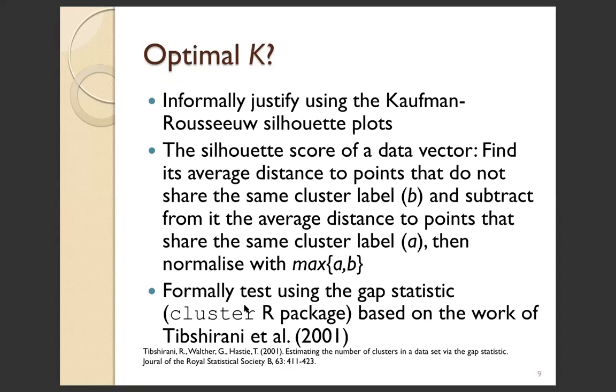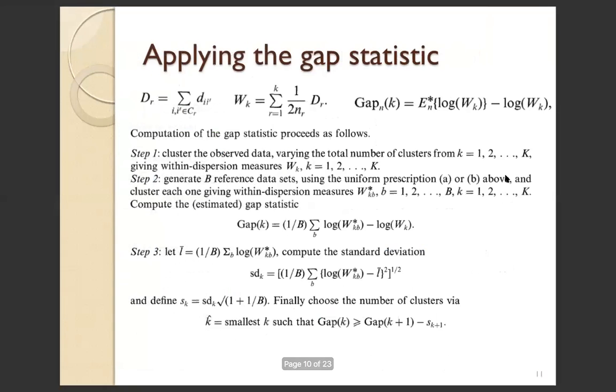There is a very useful R package called cluster, and this R package uses some technical results called the gap statistic. It basically gives you a more formal framework to estimate K. I am not going to go through all these things. These are very technical.